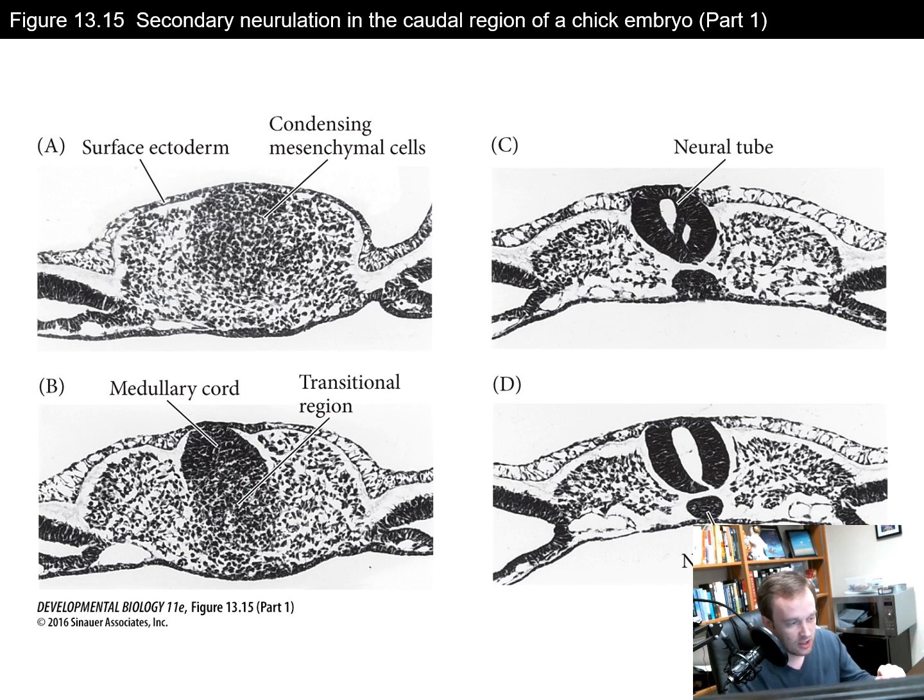And so here we have a 20-somite chick embryo, and in the beginning here, mesenchymal cells condense, as you can see right here, to form the medullary cord at the most caudal end of the chick tail bud, so very, very far posterior.